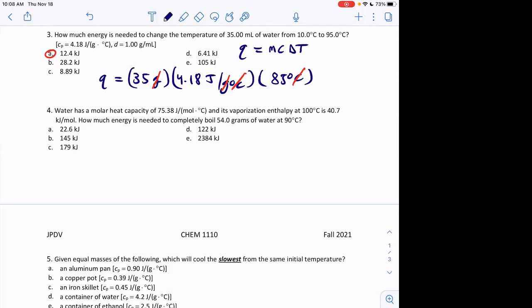Do we use the heat of fusion? We're going to have to use the heat of fusion because we are boiling water, right? I mean, vaporization, right? I said the same thing. Heat of vaporization because we're boiling water.